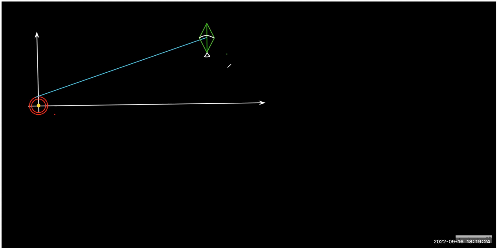So you can see the kite. Okay. And how the kite is moving? This kite is moving away in the horizontal direction at a constant speed v.